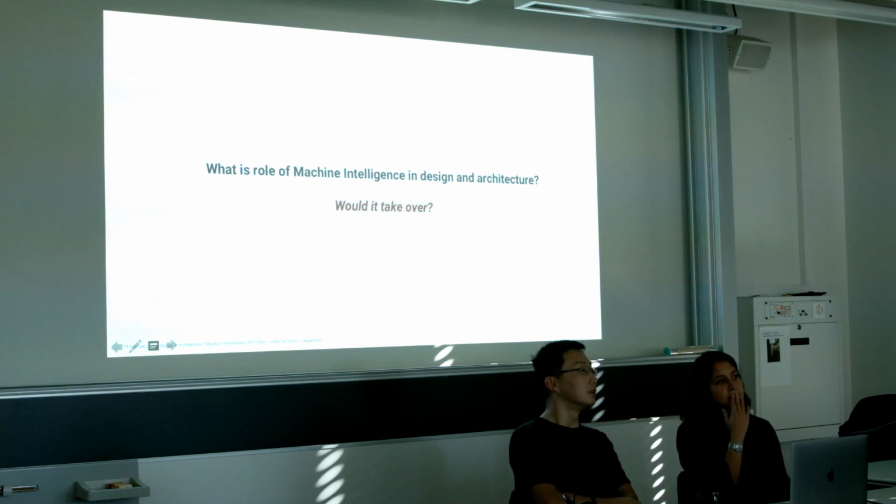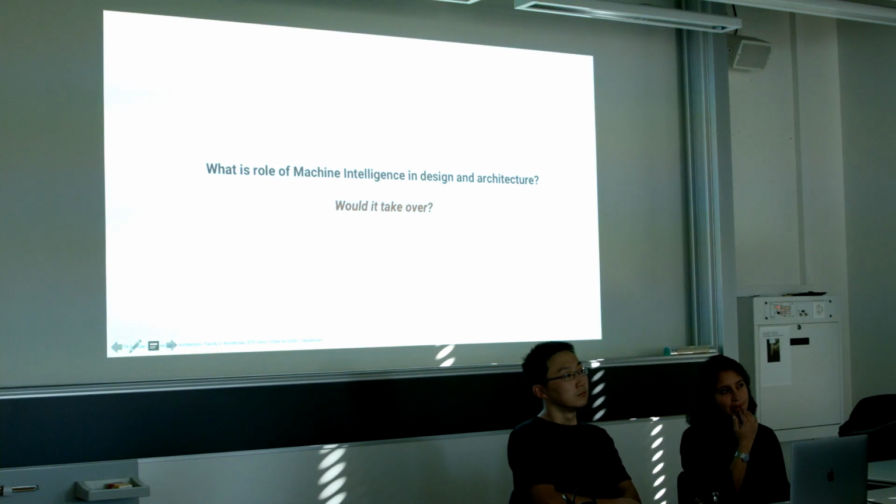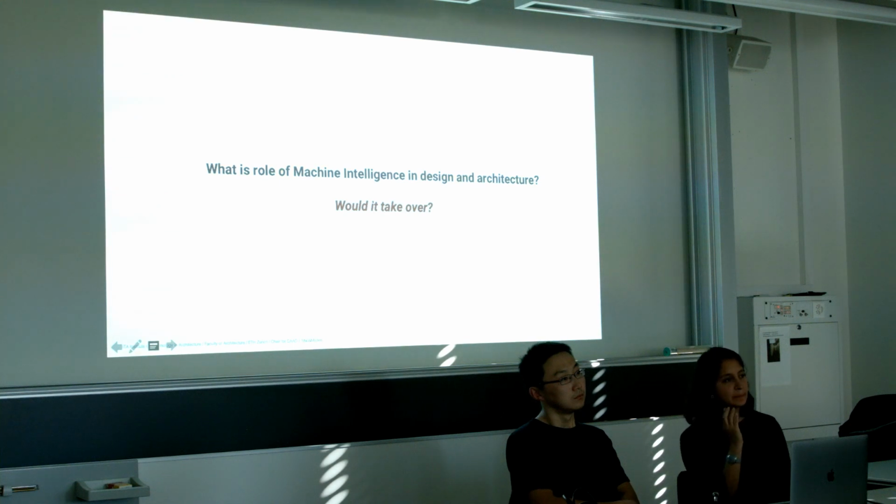Yes. But don't you think then that machine intelligence, when it comes to sheer developer architecture, will kind of replace the whole process from design to construction? When you look at standard architecture, it's basically standard questions that can be easily tackled by machine intelligence.